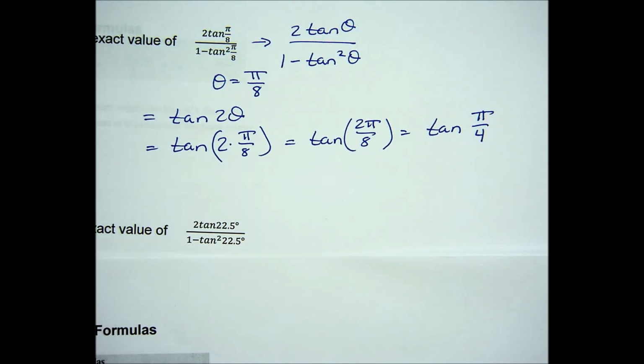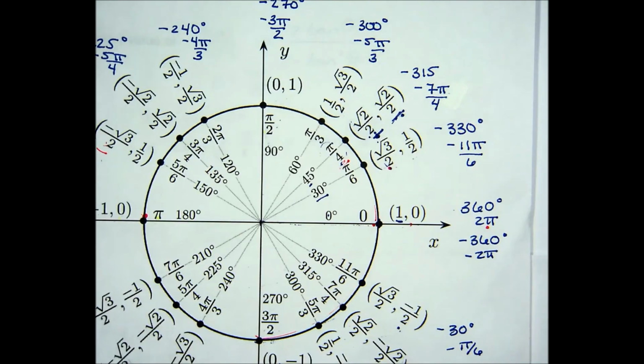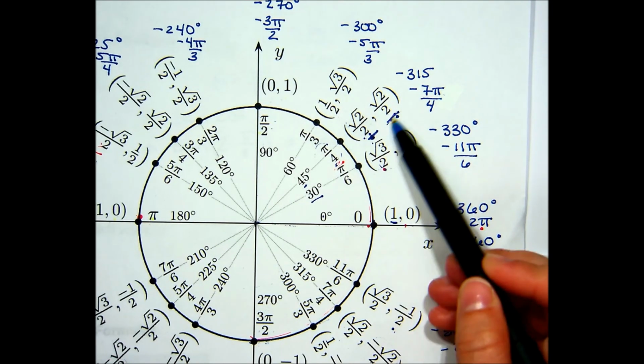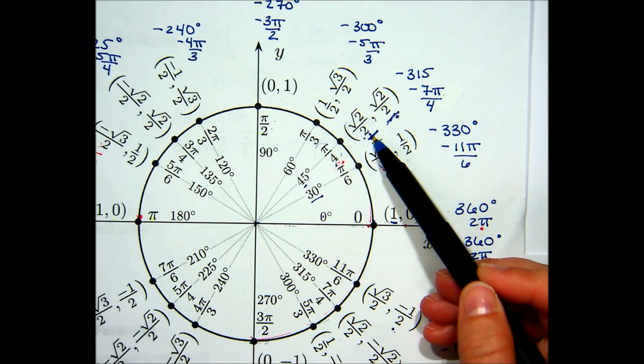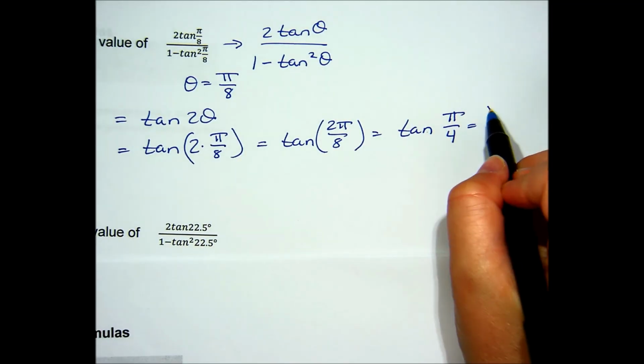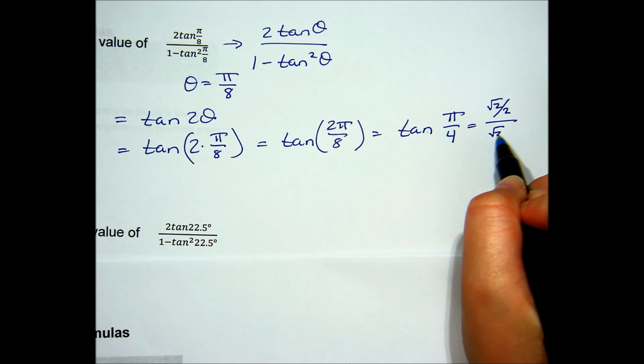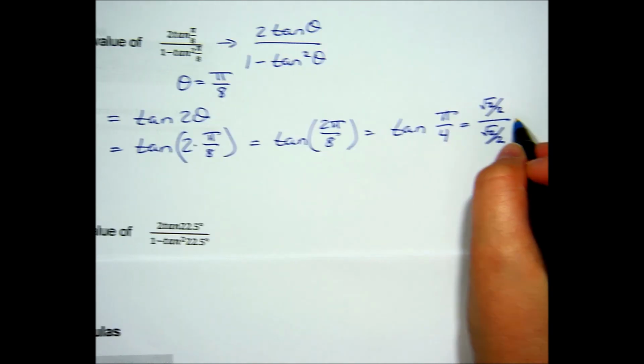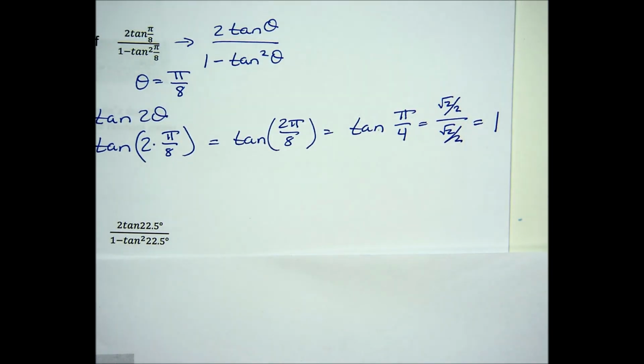Y over x, right, for tangent. At pi over 4, y, square root of 2 over 2, divided by x, square root of 2 over 2, will give you a 1. So my value here is 1.